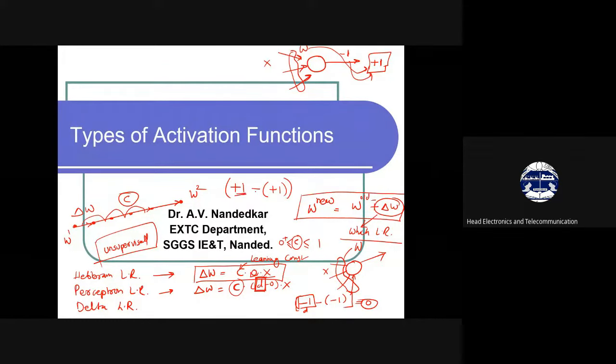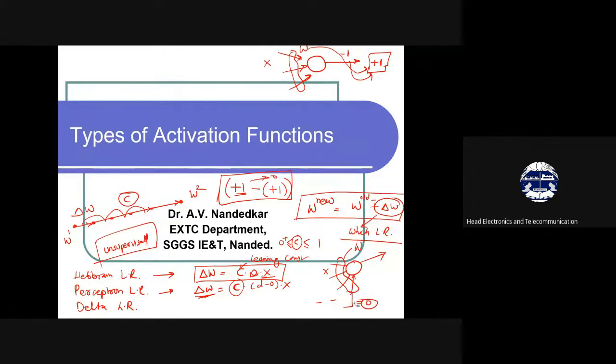So +1 minus +1 will be again 0. So there won't be any learning. Whenever there is correct output, when D is equal to O, there won't be any delta W. There won't be any change in weight. There will be change in weight whenever D is not equal to O. That time you will see that there will be some learning.